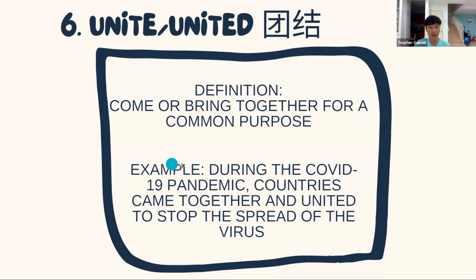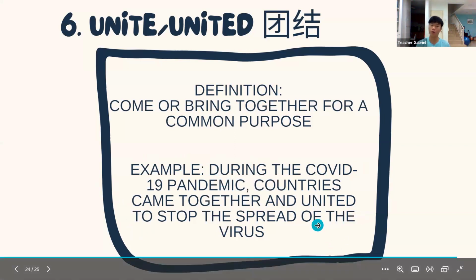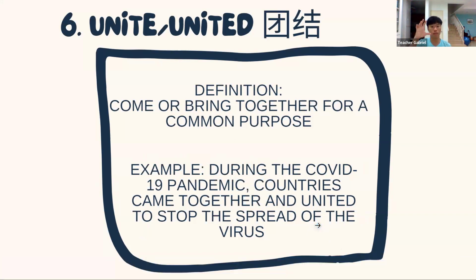For example: During the COVID-19 pandemic, countries came together and united to stop the spread of the virus. 就是我们 COVID-19 的时候, 就是全部人还很怕的时候, 那些国家全部 united, 全部团结来 try to stop 这个 spread of 这个 virus. 你给我一点的 scientist 啦, 我给你一点的 scientist, 我们一起 find 一个 solution 来 solve 这个 COVID-19.